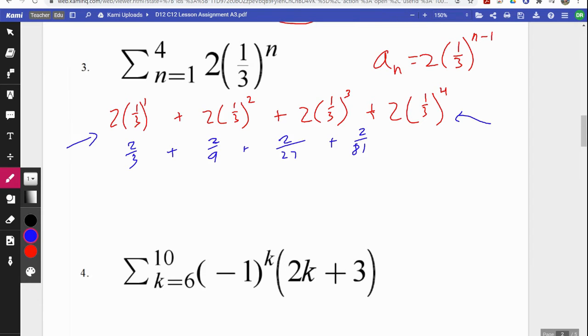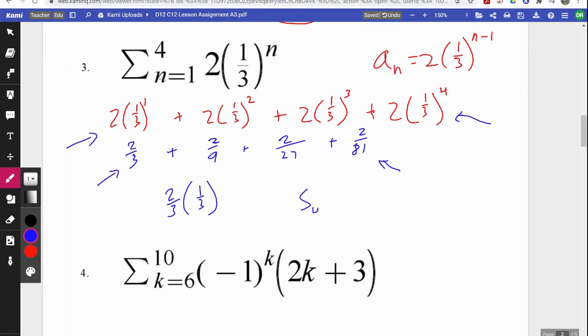Alternatively, we know what r is. It's 1/3, and this appears to be my first term in the actual sequence I did. It appears to be the last term, the fourth term. So if I just use 2/3 as my a sub 1, and then r is 1/3, that would be my formula, but I'm doing a series.